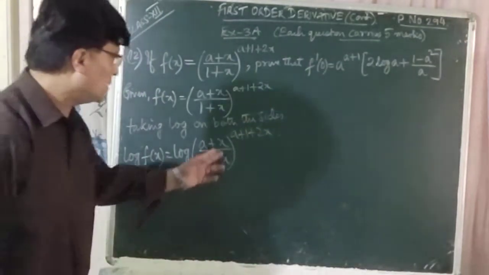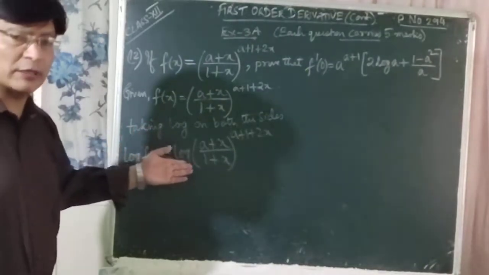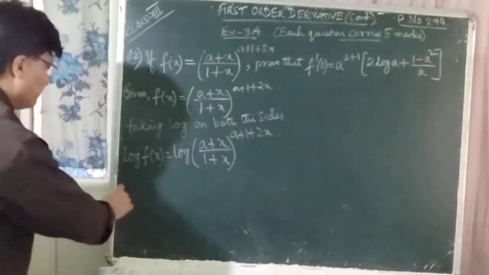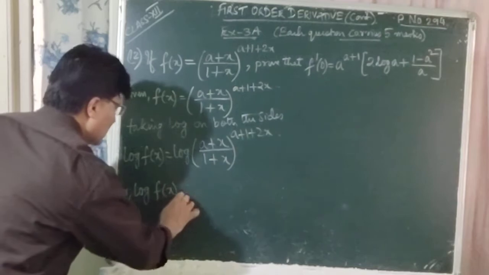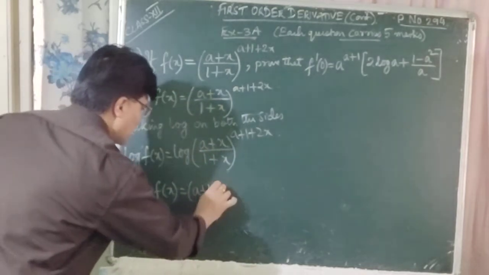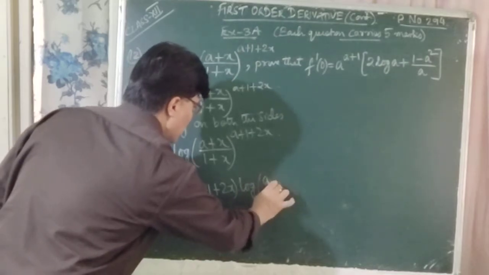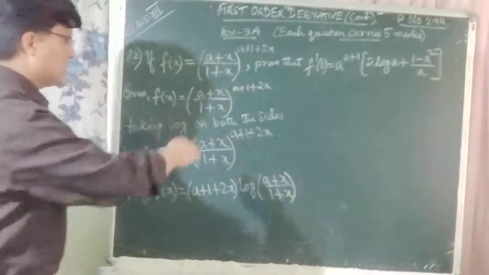Okay. Now this power becomes the coefficient because of this log. So there is a property of logarithm, isn't it? So because of this log, this power becomes a coefficient. So this is log f of x is equal to a plus 1 plus 2x into log of a plus x divided by 1 plus x.